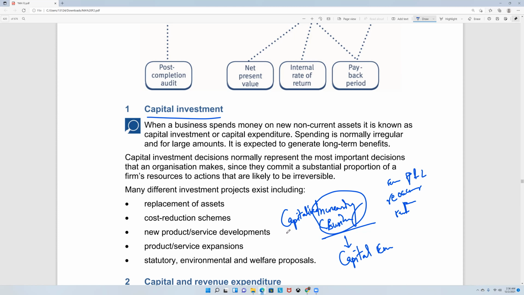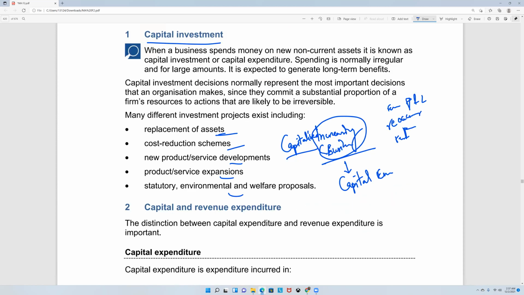Anything expended on a larger scale or for the improvement of the business is capitalized. Many different investment projects exist, like replacement of assets, cost reduction schemes, new product and service developments, product and service expansion, and statutory, environmental and welfare proposals. These are the kinds of capital investments.